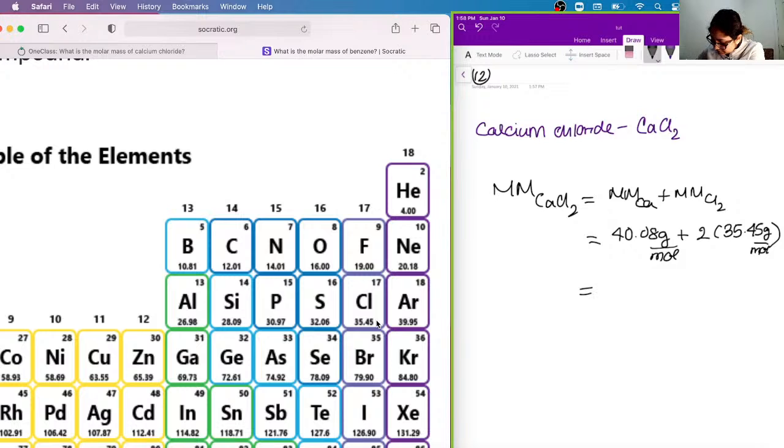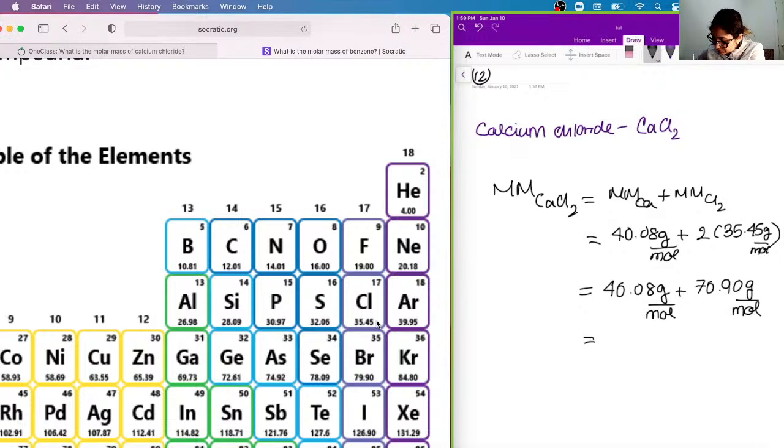And what you have, so you have 40.08 grams per mole plus, so 2 times 35.45 is 70.90 grams per mole.